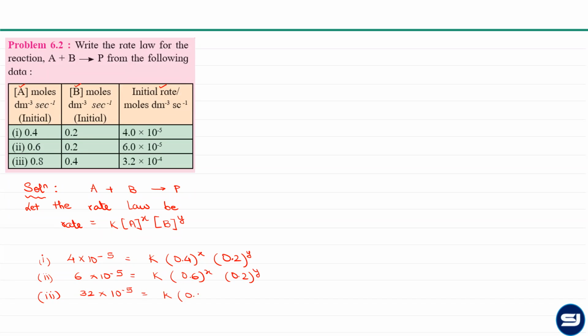And it will be K times 0.8 raised to X and 0.4 raised to Y.